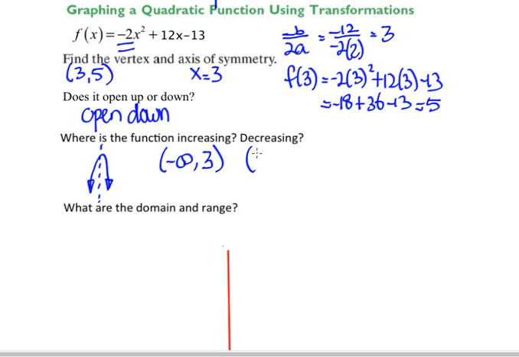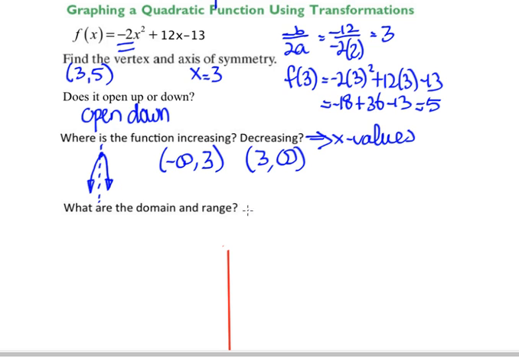And decreasing, once it is at its vertex, it will be a decreasing function at that point, so from 3 to infinity. So keep in mind, this only deals with the x values. I'm not telling you that there is a point -3 on this graph. I'm telling you that from negative infinity to 3, the function is increasing.